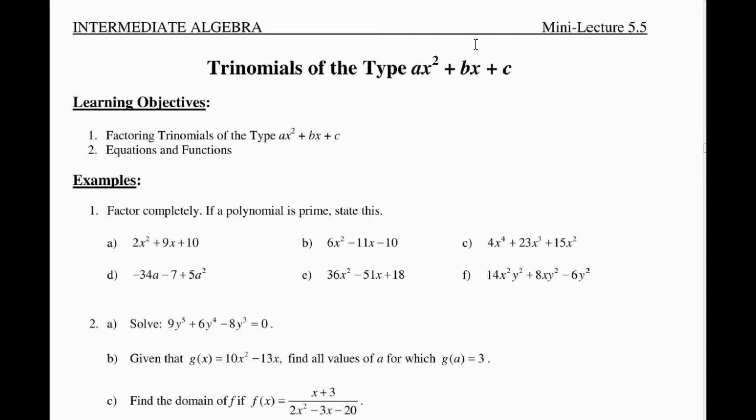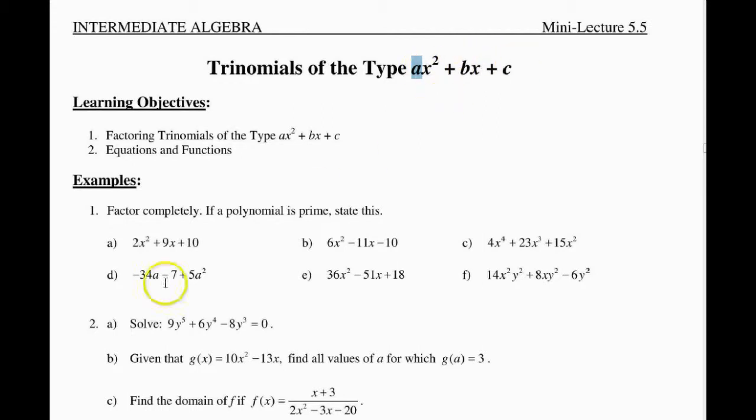Section 5 of Chapter 5, in which we're again going to be factoring trinomials, but now our letter A here, instead of being a 1, is a number other than 1.